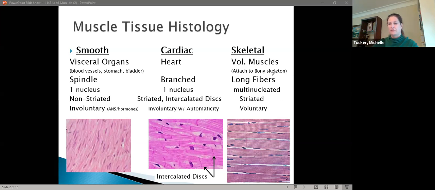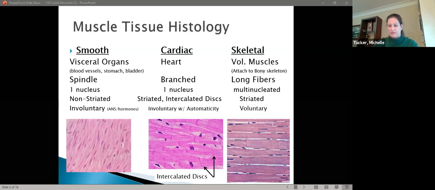The sartorius is the longest muscle in your body, and these fibers are going to run the entire length of that muscle. In order to become so long, they fuse hundreds to thousands of cells during development, and they become multinucleated.